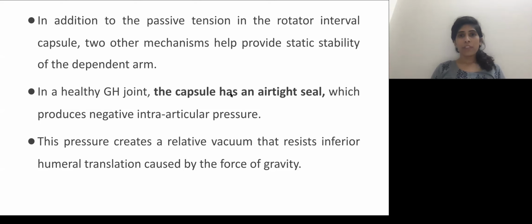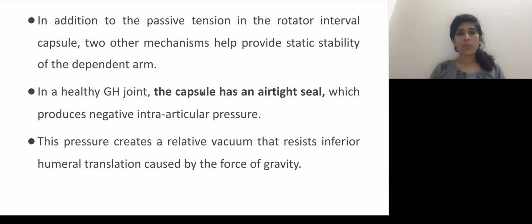One of the structures which helps to maintain this static position is the GH joint capsule. It has an airtight seal and which produces the negative intra-articular pressure. And this negative intra-articular pressure creates a relative vacuum and that resists the inferior humeral translation.